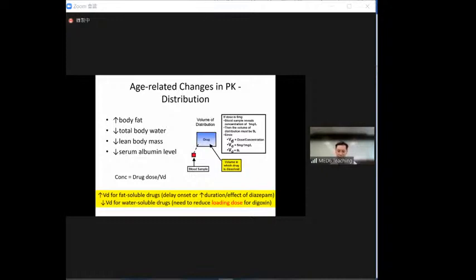So it just dilutes the effect of the diazepam because of the increased total body fat, and you will expect the effect of the diazepam to be slower compared to that in adults.